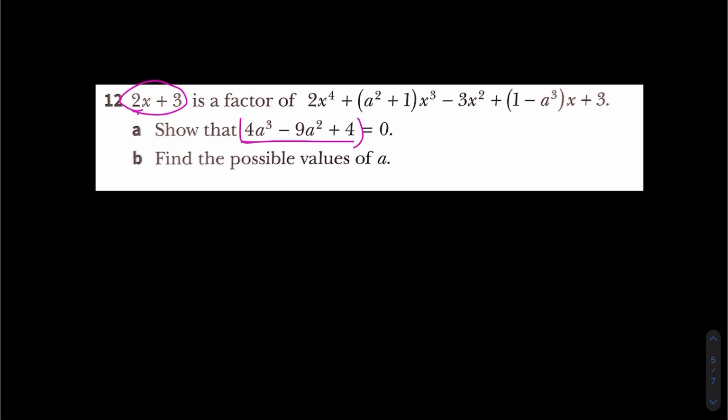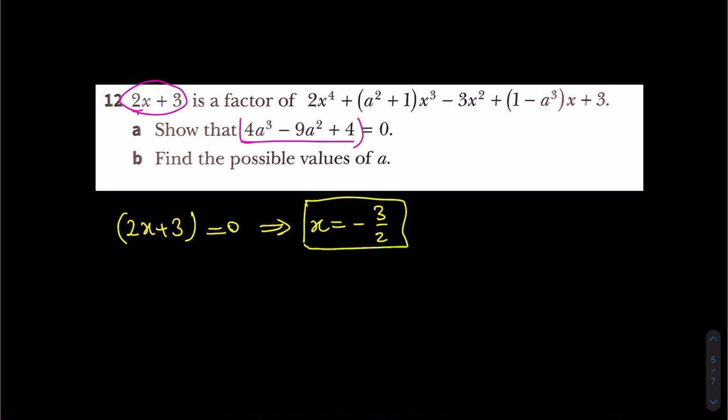So we know, according to the factor theorem, if 2x plus 3 is a factor of this polynomial and we set it equal to 0, the value that we get, minus 3 over 2, is one of the roots of this polynomial.